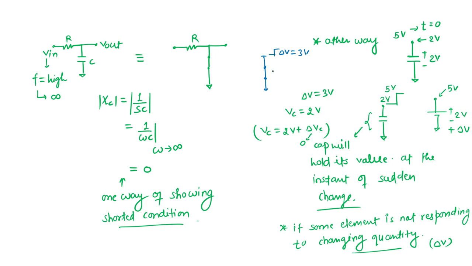So del Vc is 0, which directly means it is short circuited. It is shorted, or there is 0 volt across it. Whatever changing voltage we applied, that amount of 3 volt on the top plate, this capacitor is not responding to that particular del value. Rather, it has its own value of 2 volt there.